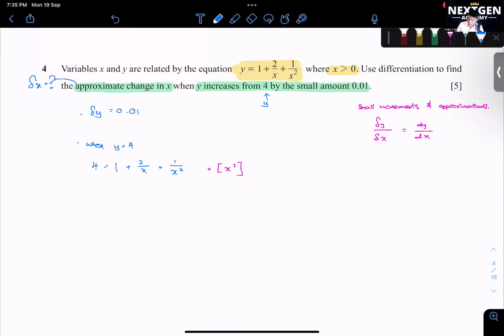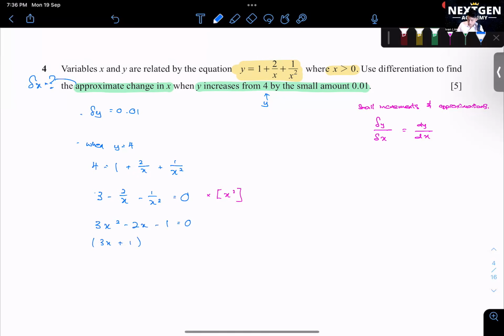Simplify a little bit more first. This one will be 3 minus 2 over x minus 1 over x squared equals to 0. Multiply the whole thing by x squared, so you get 3x squared minus 2x minus 1 equals to 0. Go and solve this.